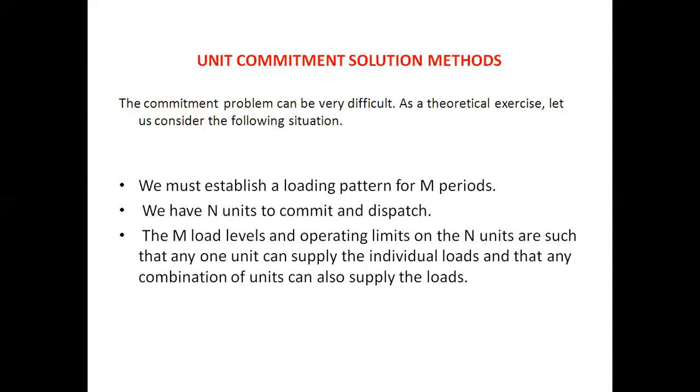This is the most important point: a single unit can operate or a combination of the units can operate in order to meet the load demand. Here N is the number of units and M is the period.